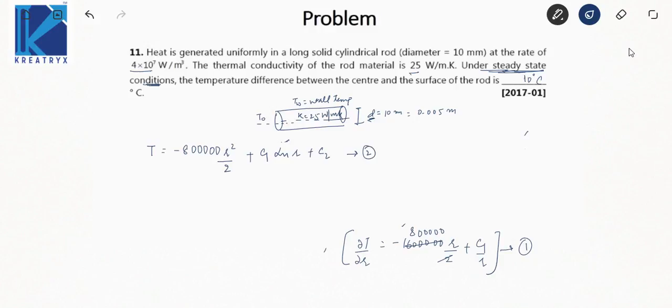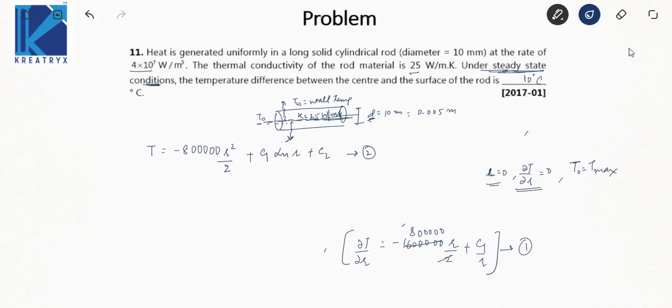From this equation, we know that at R is equal to 0, del T by del R will be 0. Why? Because the heat which has been generated inside the cylinder will be flowing from the center line to the outer part. So the maximum temperature will be at the center line. We know this. So at R is equal to 0, del T by del R will be 0, because here the temperature will be maximum.